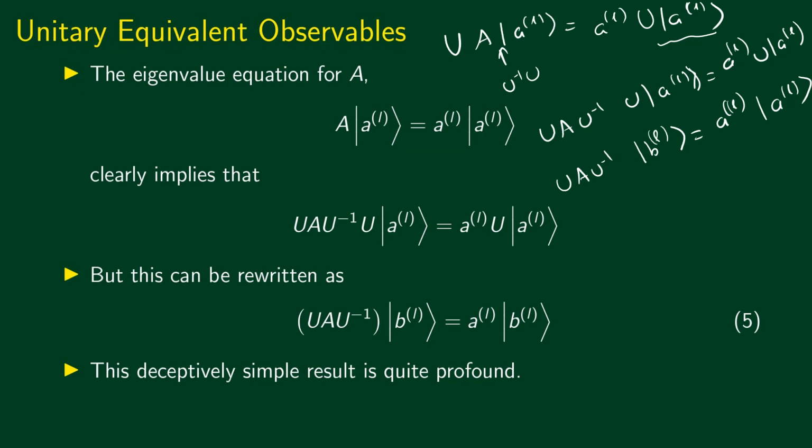Now, since these operators have the same eigenvalues, we call them unitary equivalent. The operator A and the operator U A U inverse are called unitary equivalent operators, or unitary equivalent observables.